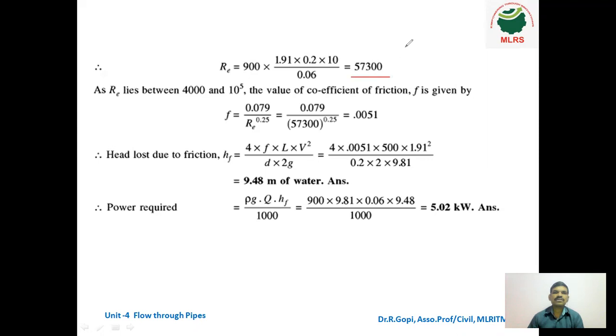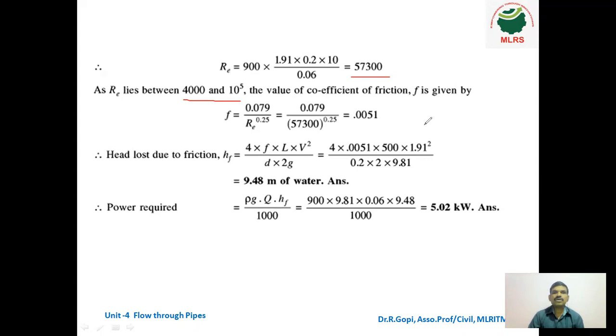So we got Reynolds number 57,300. This Reynolds number lies between 4,000 and 1 lakh.